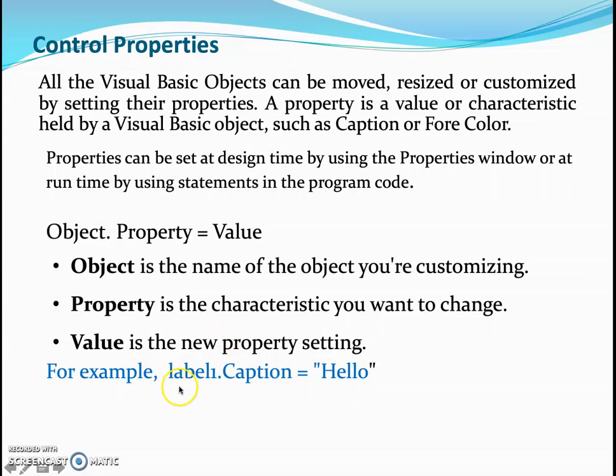For example, suppose we have a label in our form. The caption of the label can be changed using Label.Caption equals hello. So we use a dot operator to connect it with the property of the label.